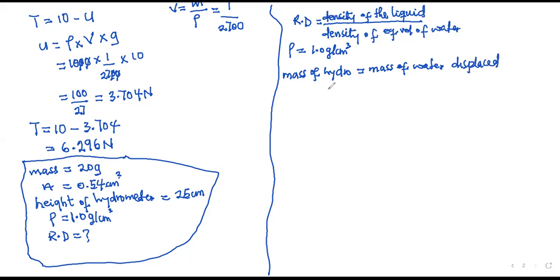Mass of the hydrometer, we have it. The mass of water displaced is equal to the density of water times the volume of water displaced. Now, the volume of water displaced is unknown, okay? But this is cylindrical in shape. So the volume will be equal to the uniform cross-sectional area times the height.